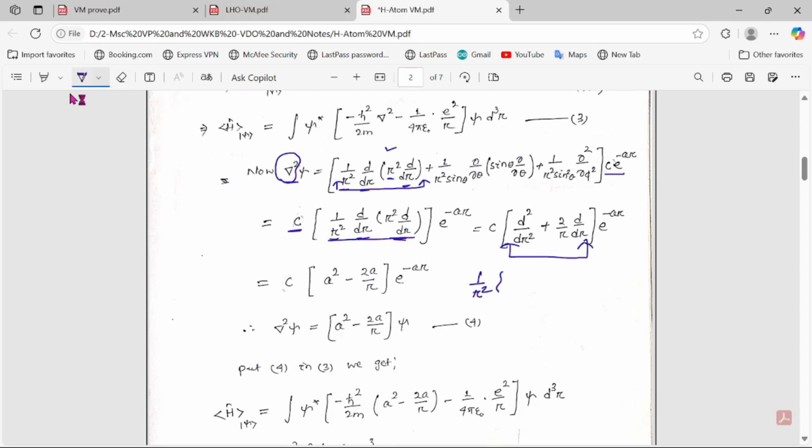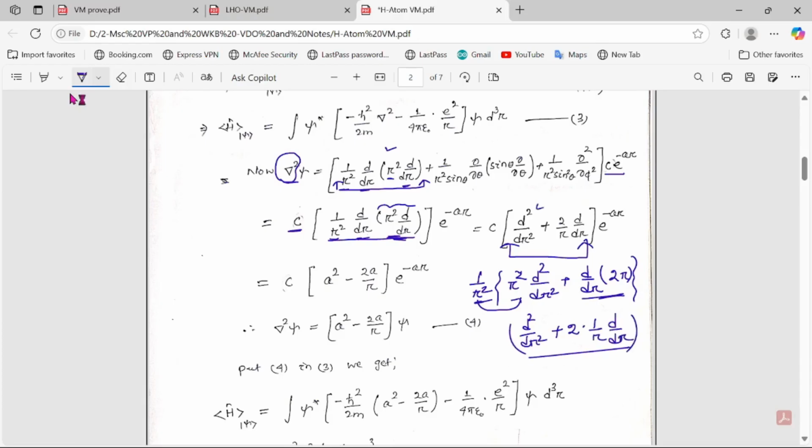Just use the product formula: d by dr of r square d by dr gives the first function times the derivative of the second, d square by dr square, plus the second function as such times the derivative of the first, which is 2r. When 1 by r square is multiplied with this, we get only d square by dr square, plus 2 into 1 by r d by dr, since r cancels. The same thing has been written here.